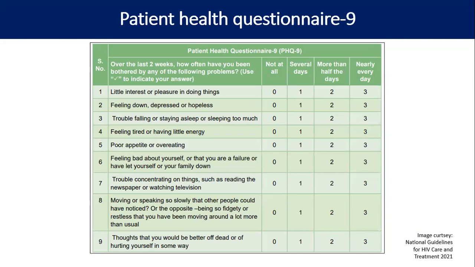And if there are any thoughts of self-harm, thoughts that you would be better off dead or of hurting yourself in some way, then these 9 questions we ask, and based on their grading, we classify them.